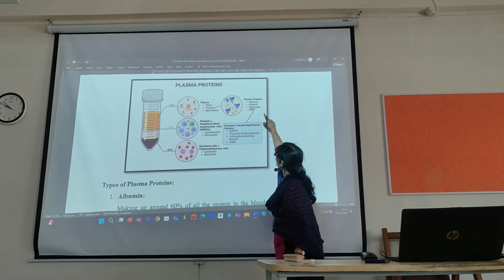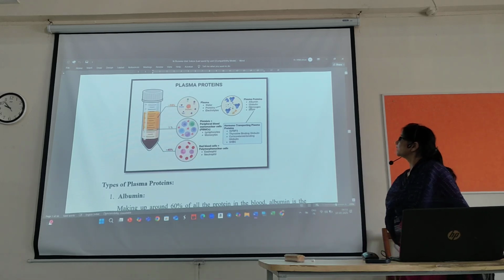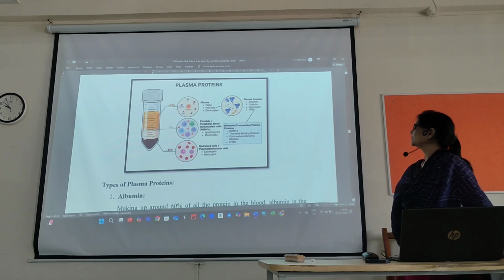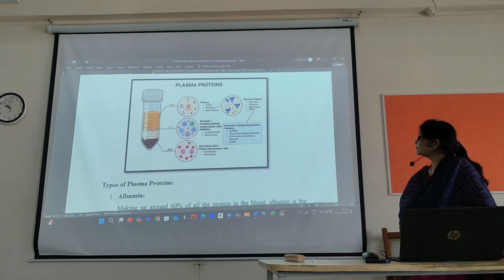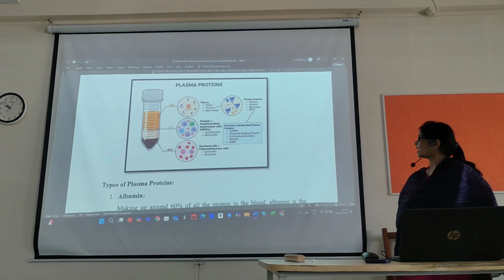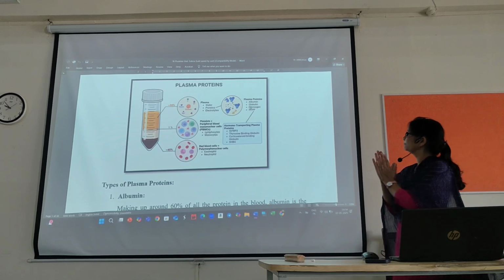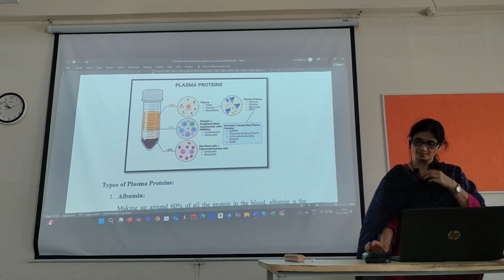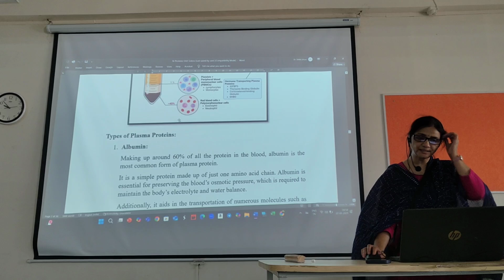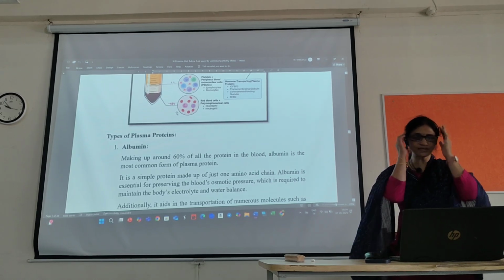In plasma protein there is albumin, globulin, fibrinogen and HTPP, meaning hormone transporting plasma protein. There are different types of hormones present, so the plasma protein does the work of transporting hormones. So let's see the types of plasma proteins.